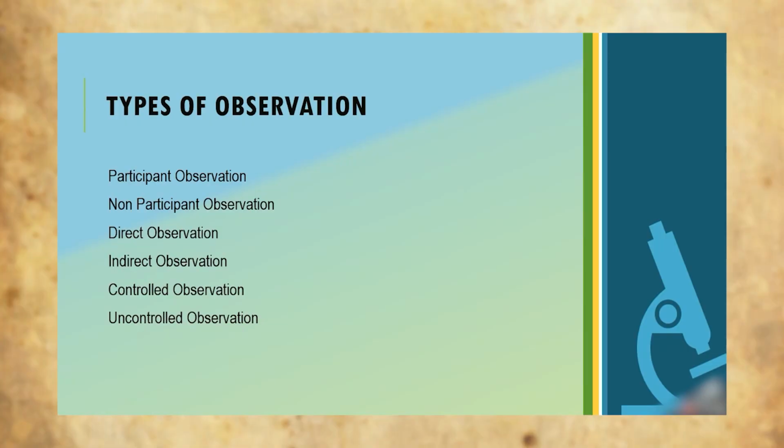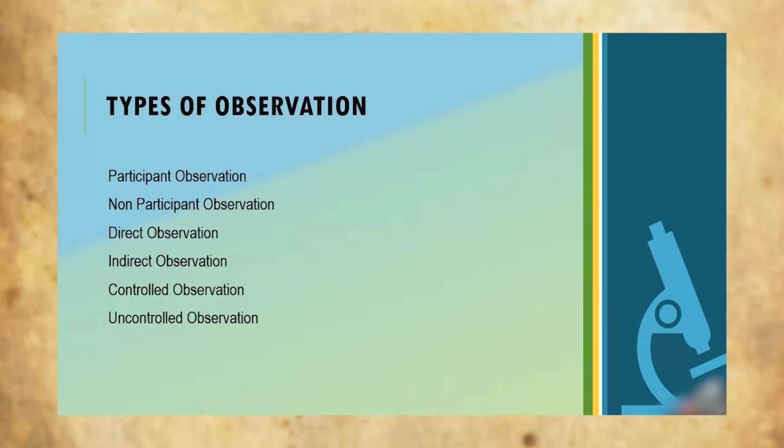On the other hand, indirect observation involves the absence of the physical presence of the researcher. For example, if we record certain things and then come up with an assumption or finding, that may be a part of indirect observation.